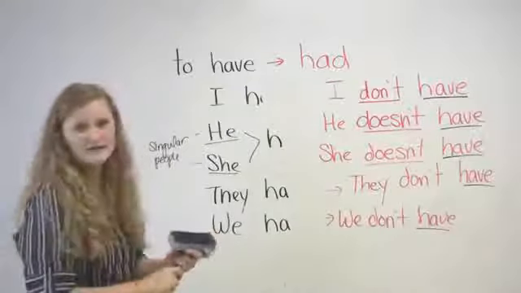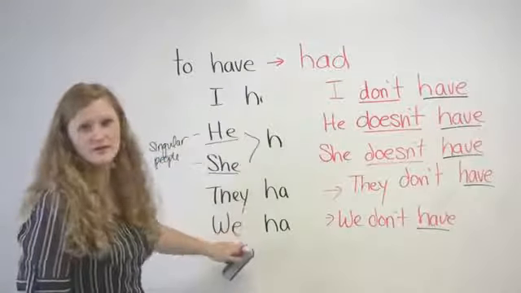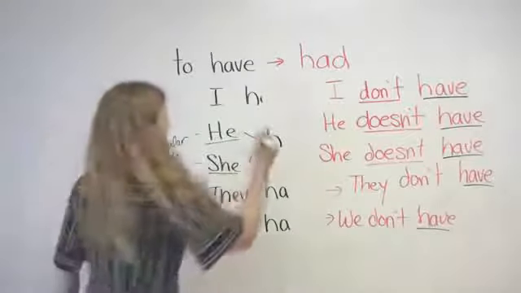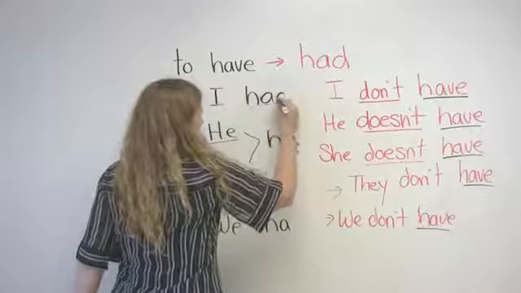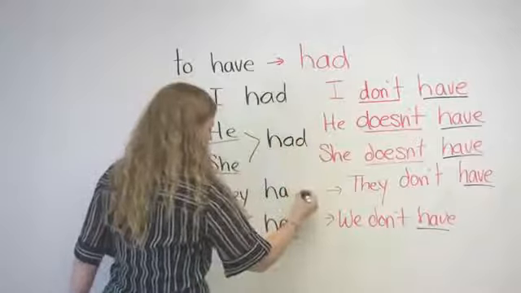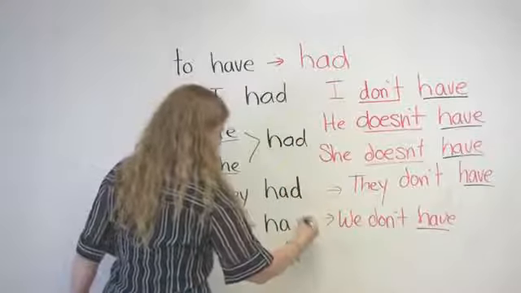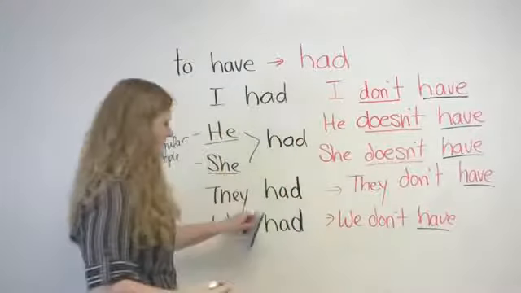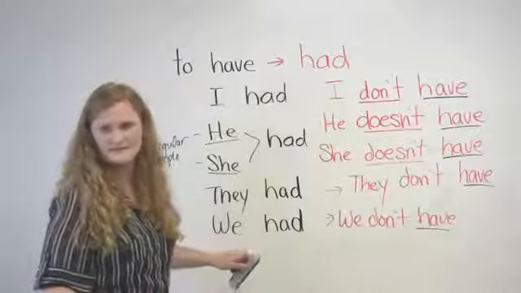When we use had, we don't have to change it with the different pronouns. So we can say, I had, he and she had, they had, and we had.